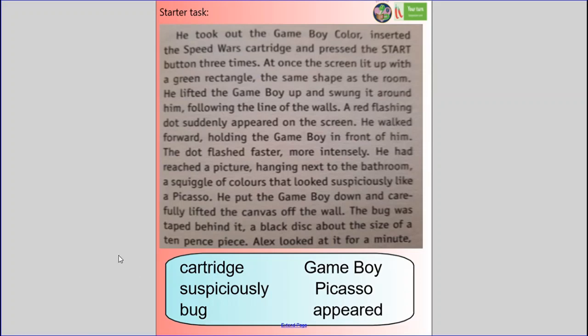Your words are at the bottom here: cartridge, suspiciously, bug, Game Boy, Picasso and appeared. I'd like you to pause the video and see how quickly you can find all of those words in this extract of the text. Okay, pause the video now and find those words.